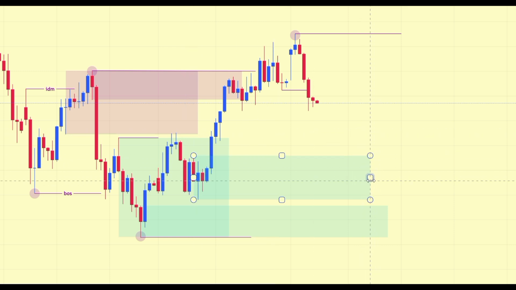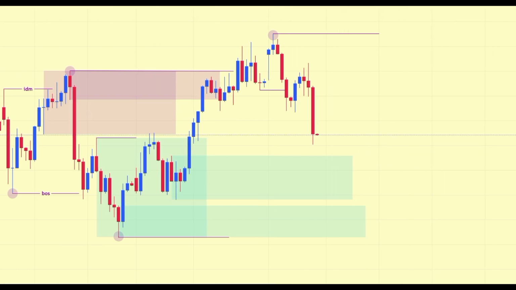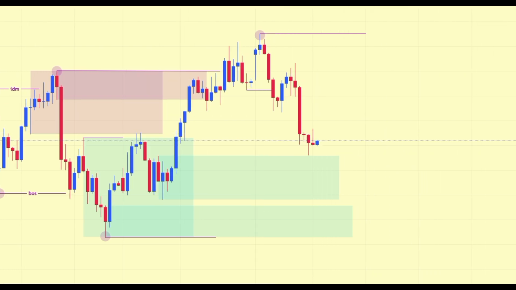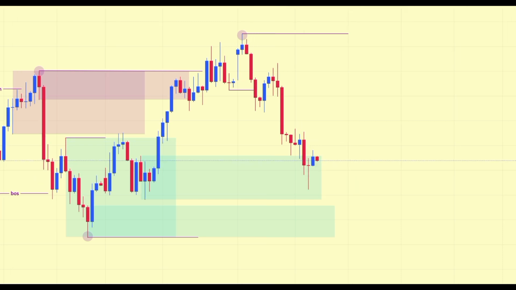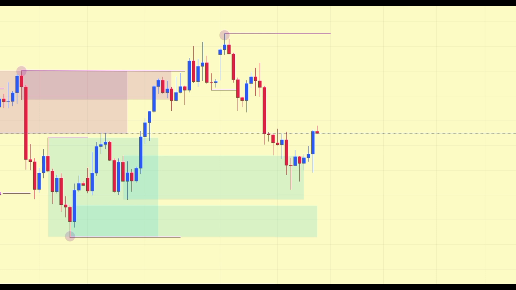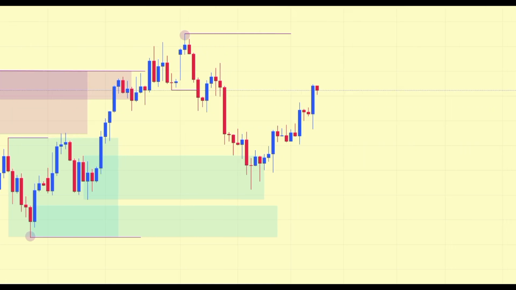Alright, so let me run price. And right here, price is heading towards our right, and price has mitigated our order flow. And right here, price is heading towards the external liquidity.